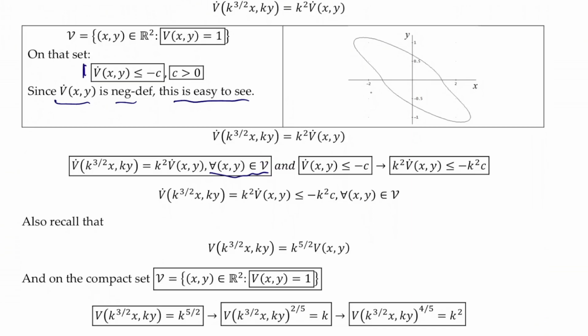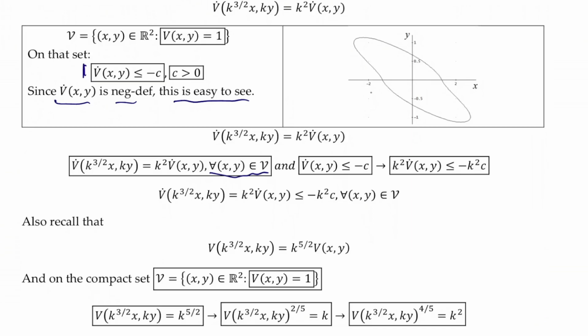We will prove some inequality on this compact set, and by using the homogeneity properties, we will say that that inequality actually holds on the whole R2. We will do that.